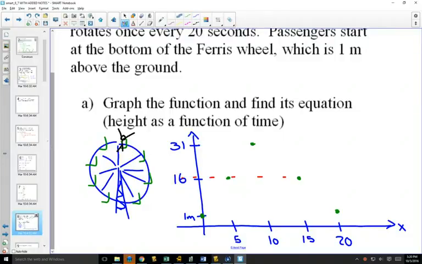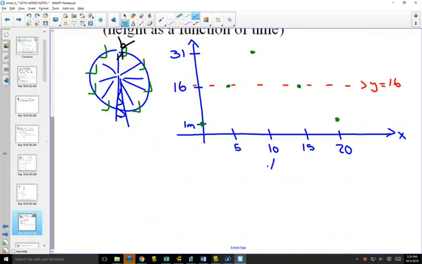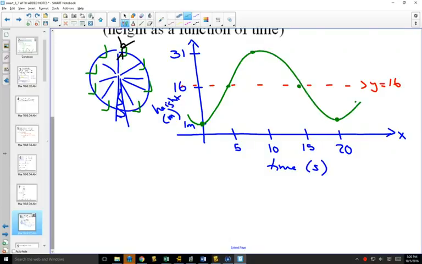So we can put a dotted line here for our average. We can label that this is time, and our time is in seconds. This is our height, and our height is in meters. And we were able to draw the graph.